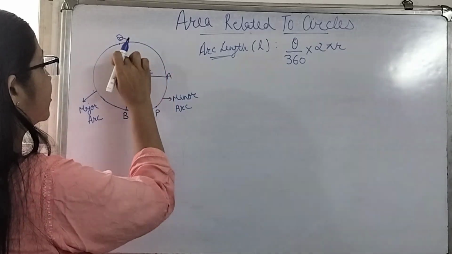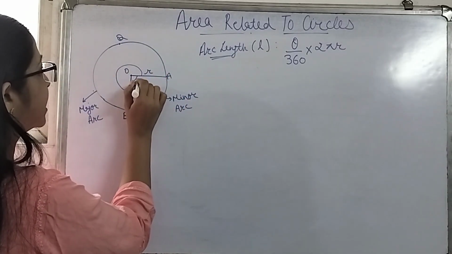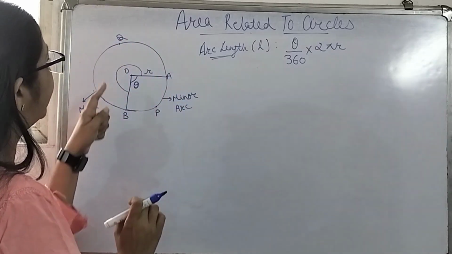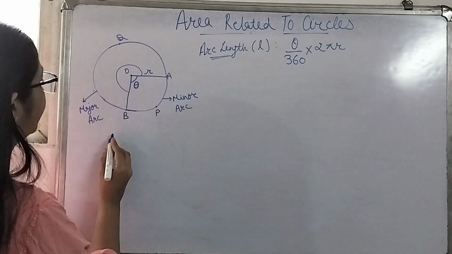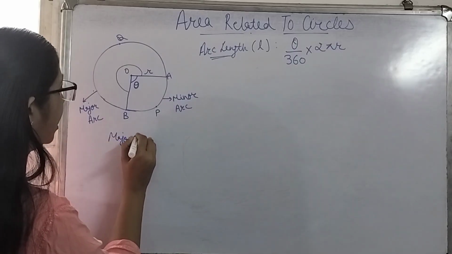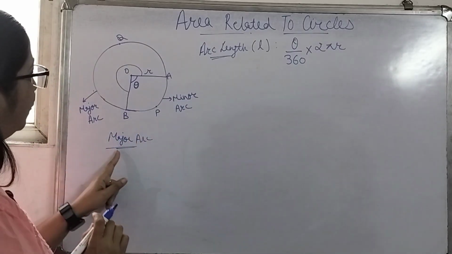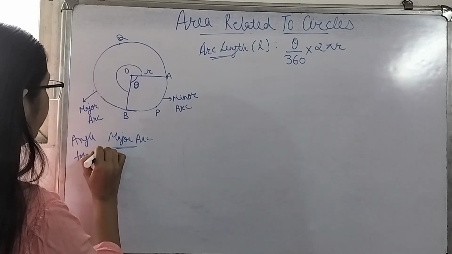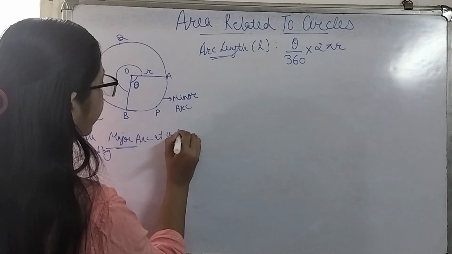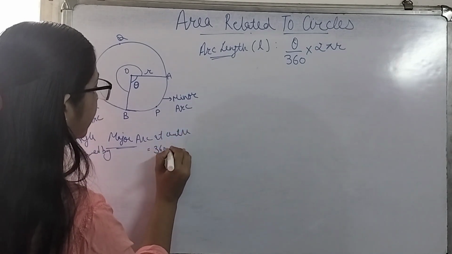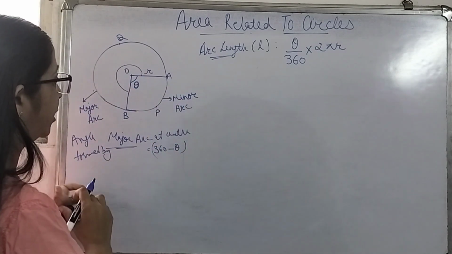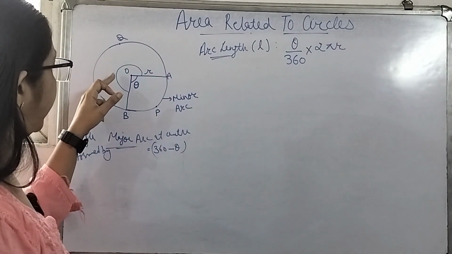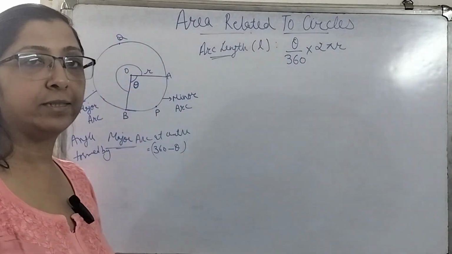If this whole angle is 360 and angle AOB is theta, then the angle formed by the major arc AQB at the center O will be 360 degrees minus theta.